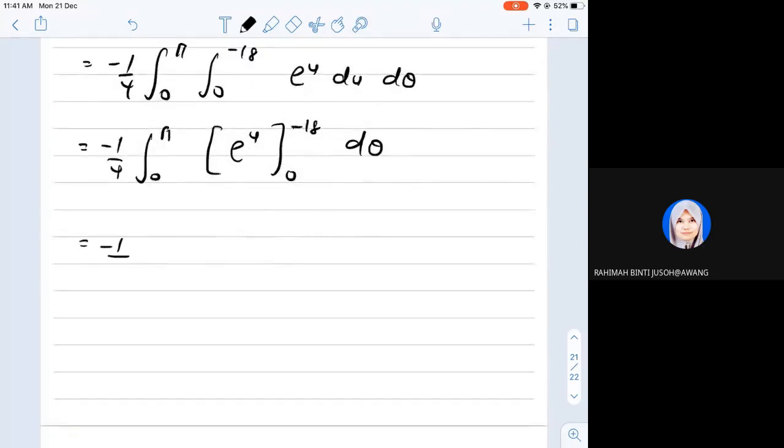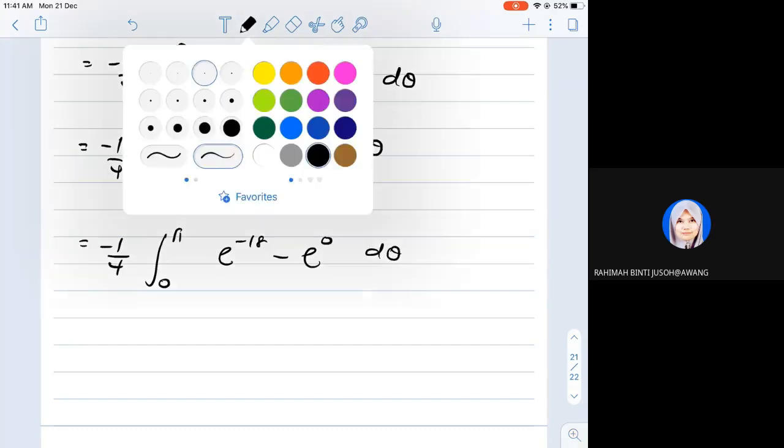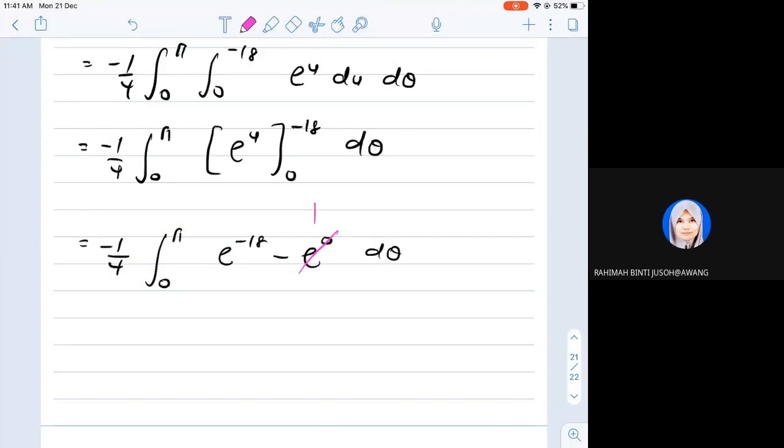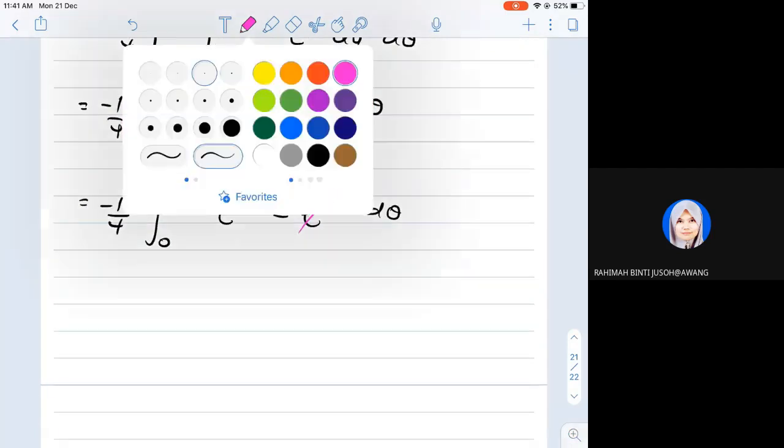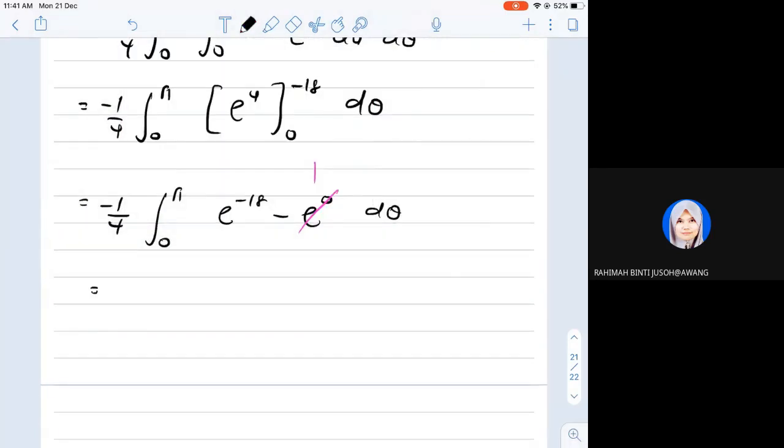So negative 1 over 4, integrate 0 until pi, exponent negative 18 minus exponent 0 d theta. So this is equivalent to 1. Okay, so we can take out all the constants, negative 1 over 4, exponent negative 18 minus 1.